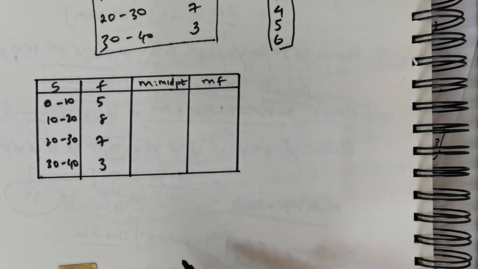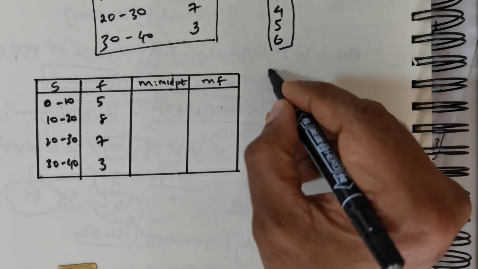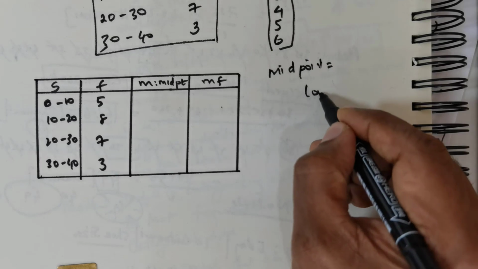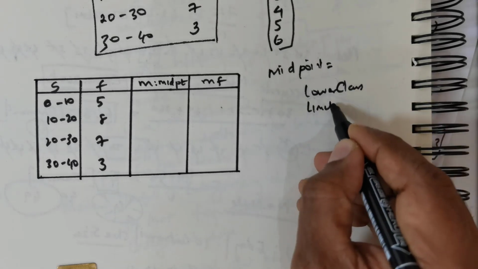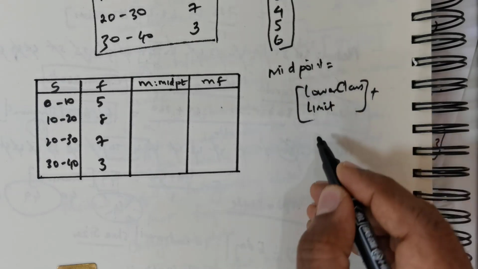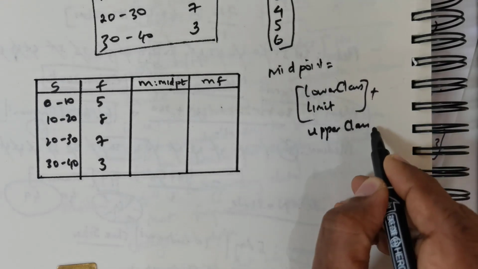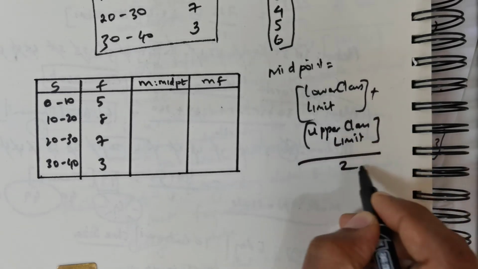Now we will have to get the midpoint. So how do we calculate the midpoint? This is the formula. To calculate the midpoint, lower class limit added with upper class limit, and that has to be divided by 2.